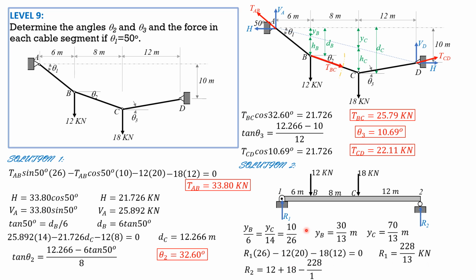Then R2 equals 12 plus 18 minus R1, or summation of forces in Y, R1 plus R2 equals 12 plus 18. So R2 therefore is 12 plus 18 minus R1. So R2 is equal to 162 over 13 kilonewtons. So be familiar with these values, let's have them copied on the next slide.